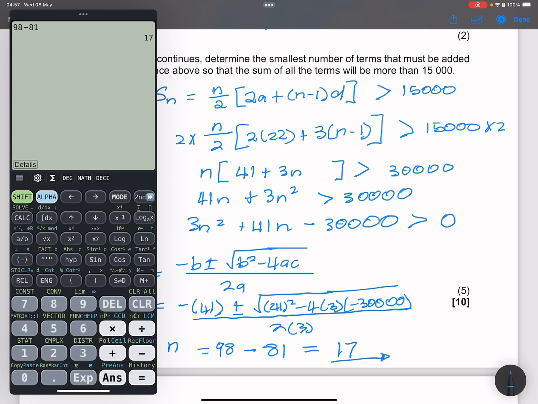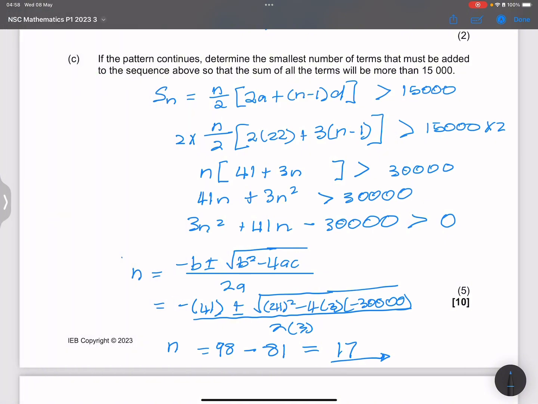Anything greater than 17 terms added will be greater than 15,000. I don't know if I'm expressing that correctly, but n should be greater than 17, so that we have more than 15,000.